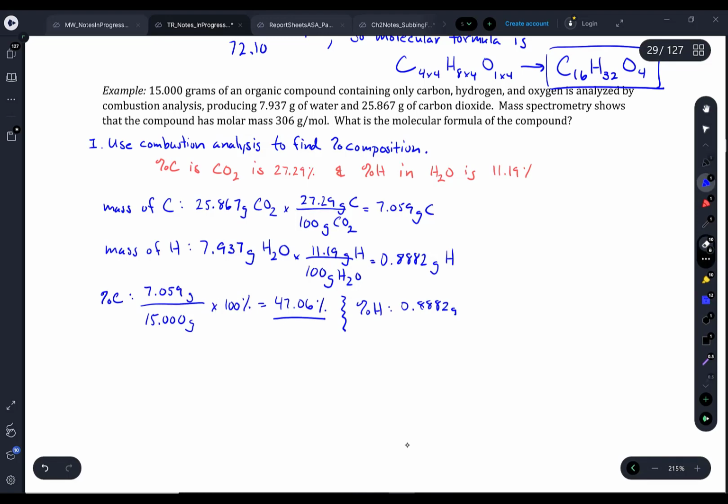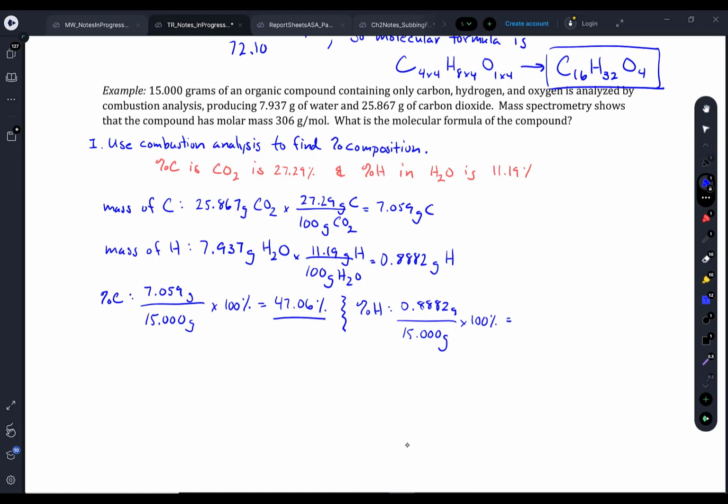So 0.8882 grams divided by the whole, which is 15 grams, and we multiply that by 100%. And so that gives me a quite small number, 5.921%.